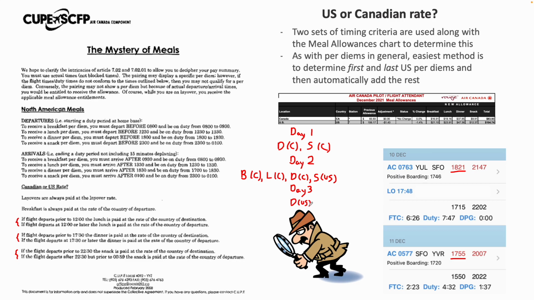And since we are in the US in San Francisco before this dinner and after the snack from day 2, we can logically just fill in the gaps. So we know that breakfast on day 3 will be a US breakfast, and then lunch on day 3 will be a US lunch.